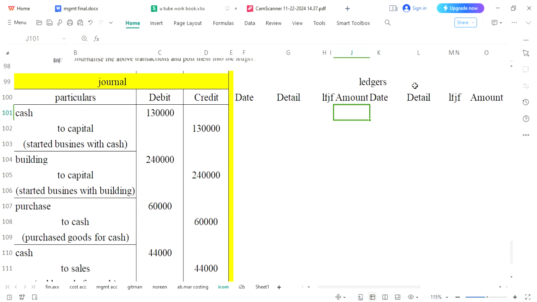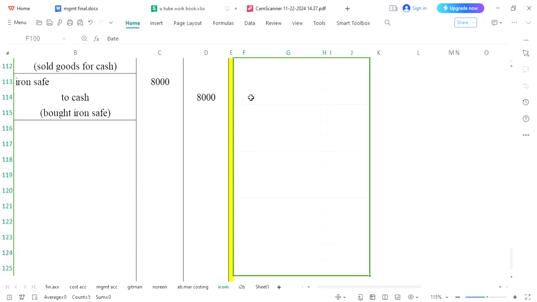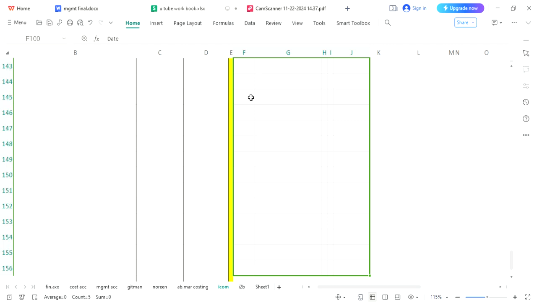So this is your left part, and I am going to change its color so that you can understand a little bit better.